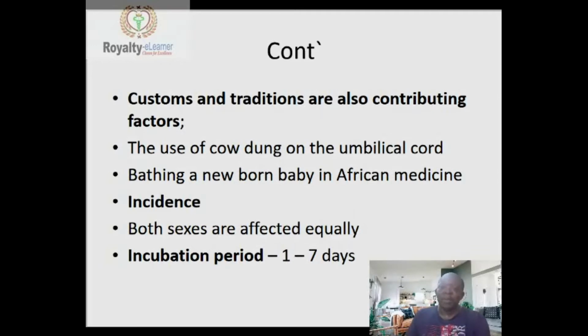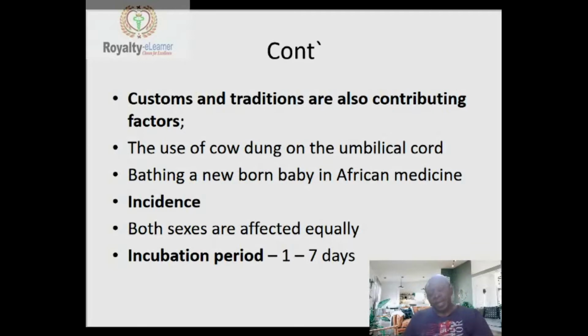Bathing a newborn baby in African medicine, because the African medicine has been in contact with the ground, may also introduce the infection through the open skin of the body to the baby. Okay, so these are some of the customs and traditions that are also contributing to the presence of neonatal tetanus.